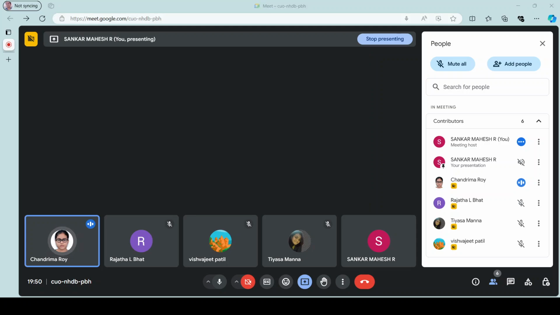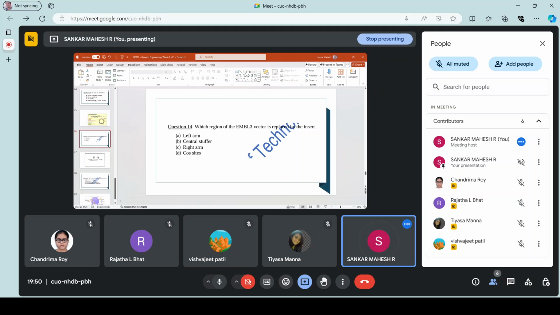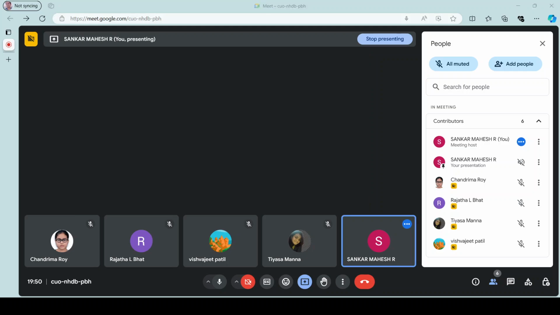The proteins encoded by these vectors have a particular nomenclature, L region, R region in the vectors. Are you aware of that? No issues. Usually they are divided into different parts: one is the left arm, one is the right arm, between which there is something called the central stuffer.